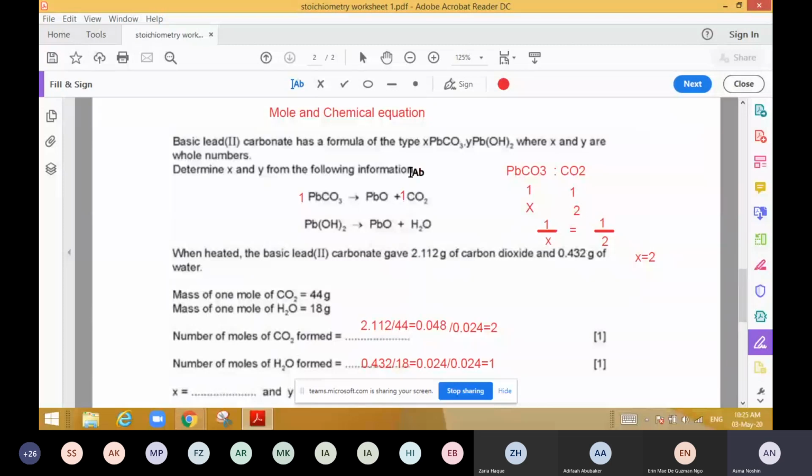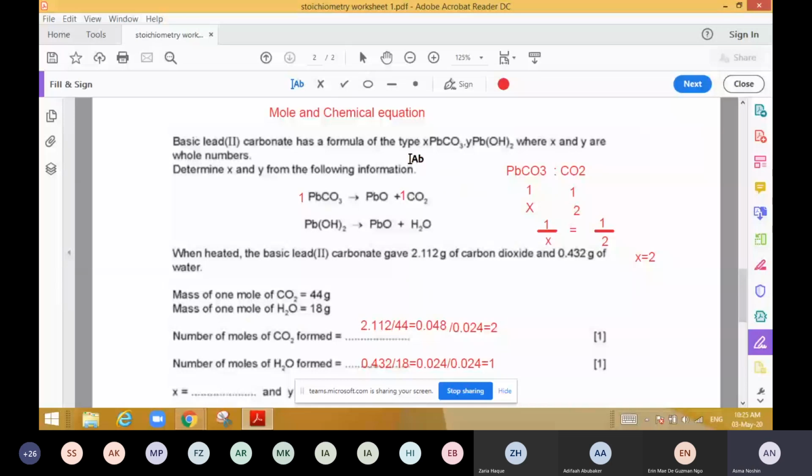Using the chemical equation, you will predict the number of moles used for lead carbonate. So first thing, in this equation, lead carbonate is 1, carbon dioxide is 1. See, I wrote over here, lead carbonate and carbon dioxide, 1 and 1 for both.